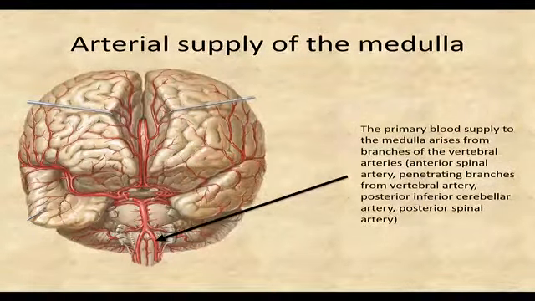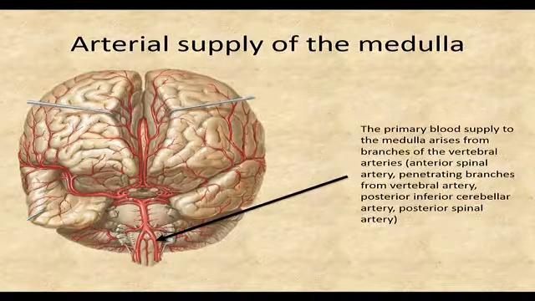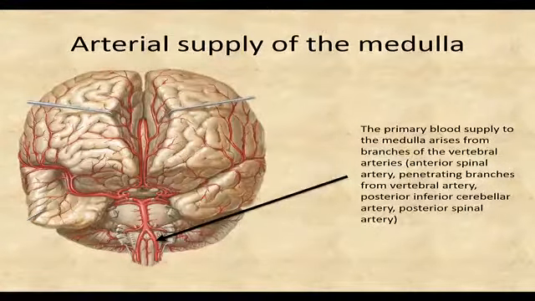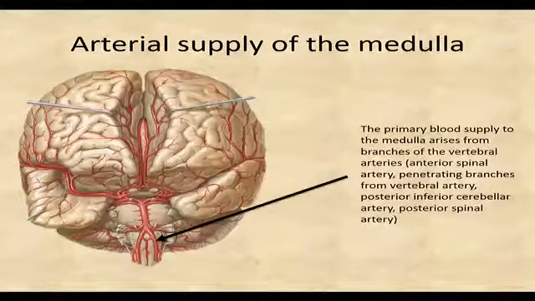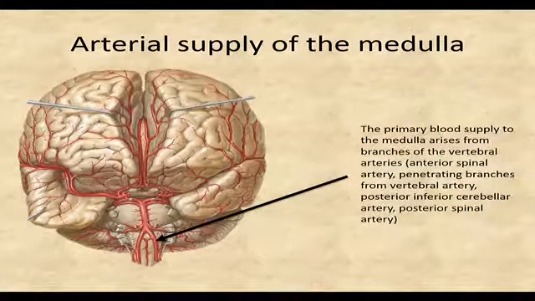So like I said, in lab, you're going to really be able to tease out these arteries better than I can show you on a 2D image right now. And then the posterior spinal artery is an artery that Dr. Ferris talked about yesterday, bringing blood supply to the dorsal columns. It also plays a role in the medulla because those dorsal columns, that dorsal side is coming up into this area of the brainstem as well.